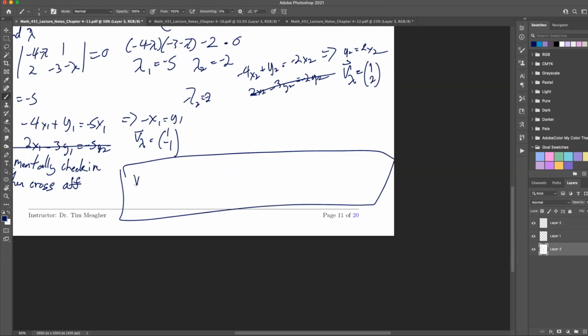So here we have y of t equals k1 e to the minus 5t (1, -1) plus k2 e to the minus 2t (1, 2). Okay, so you kind of get the song and dance of how to do this.